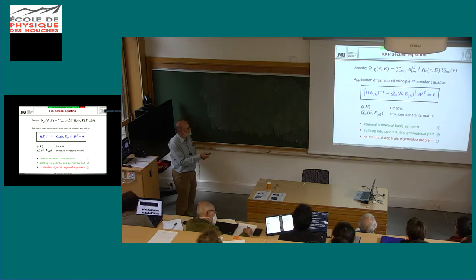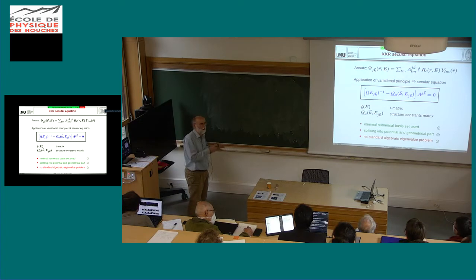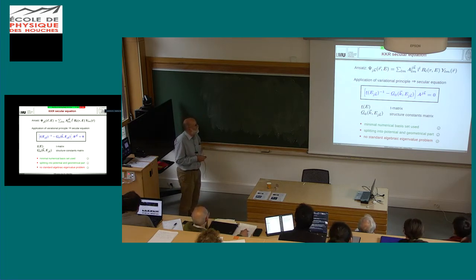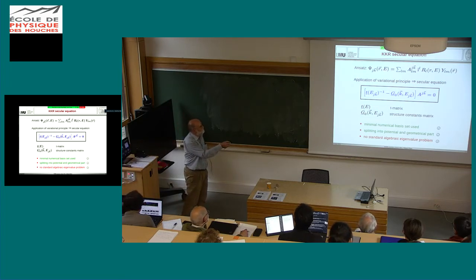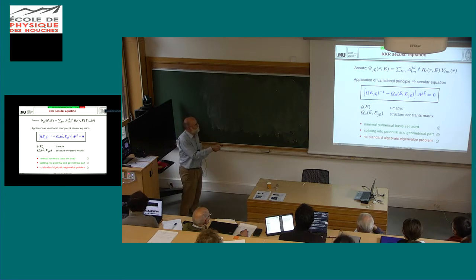Another feature, because we are doing angular momentum expansion of all and everything, as you will hear once more later, is that we have, so to say, a minimal basis set, a minimal numerical basis set for our calculation. So this is a numerical basis set. It's not a Gaussian function or whatever you want, but it's really a numerical solution to the Schrödinger equation for an isolated atom potential.